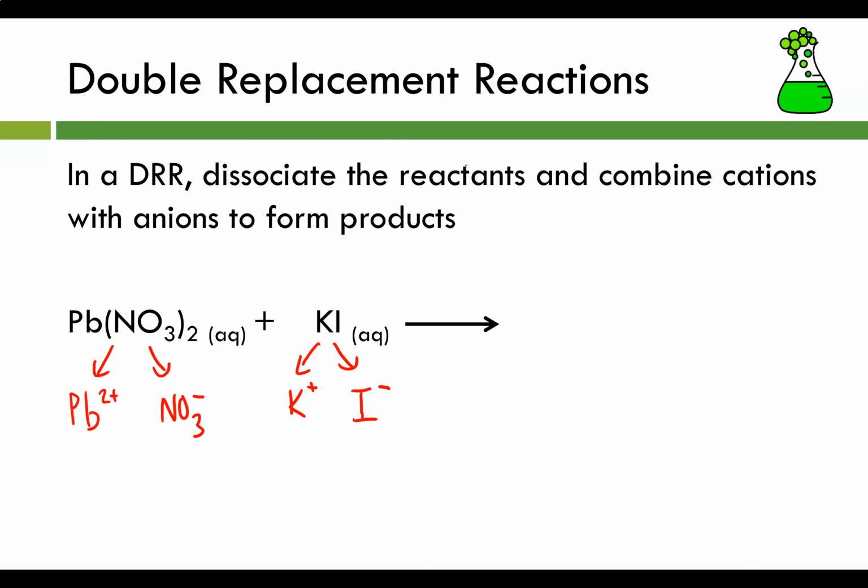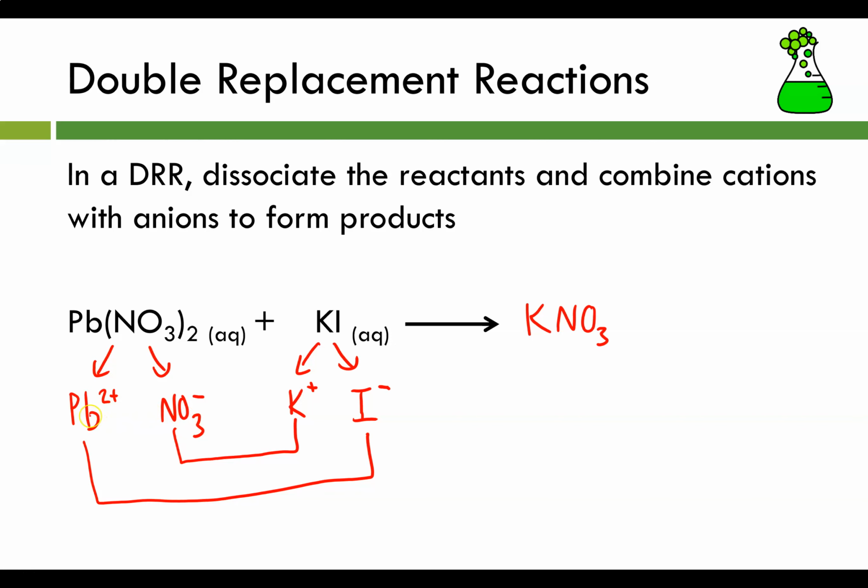We've got to combine cations with anions. I've got to pair them up so they're not reacting with the ion of the same charge and they're not reacting with the ion they've already reacted with. I think this is the easier of the two to take care of, potassium and nitrate. I have +1 for potassium, -1 for nitrate. We always write the metal first, KNO3.